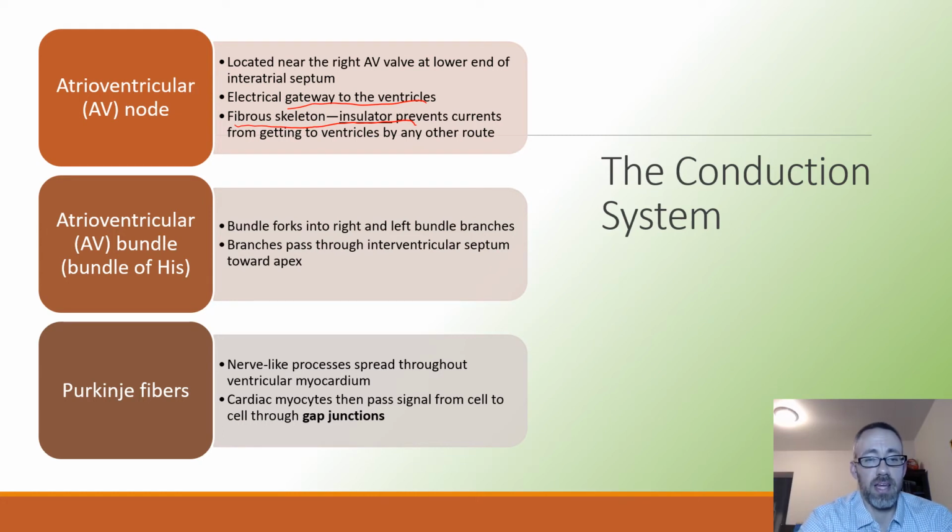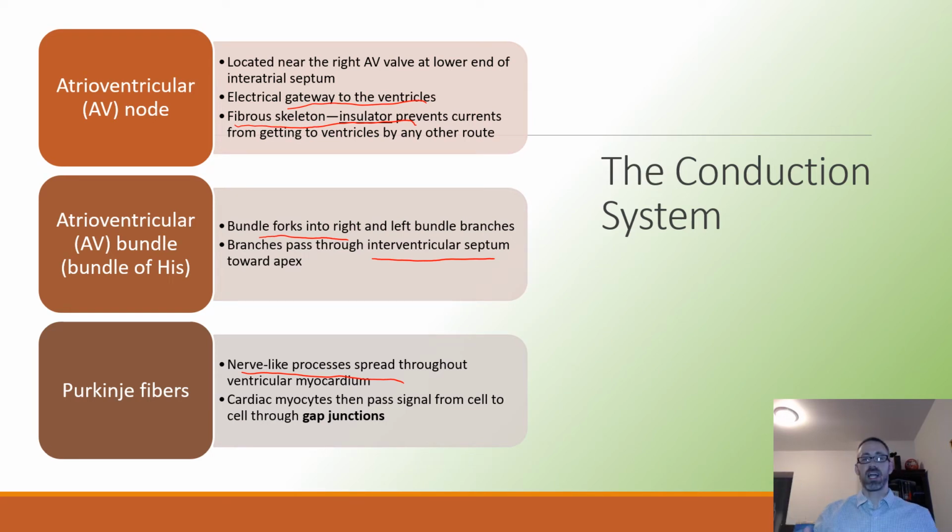And then we have the AV bundle, or the bundle of His. This bundle forks into right and left bundle branches, right to the right ventricle, left to the left ventricle, passing through the interventricular septum towards the apex. And then that's going to communicate with the Purkinje fibers, which are these nerve-like processes that spread throughout the ventricular myocardium.